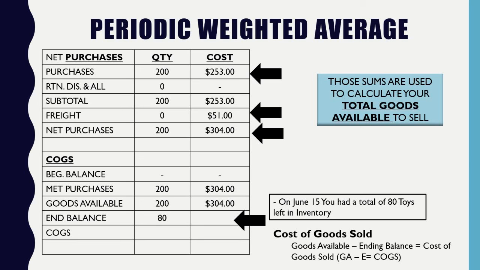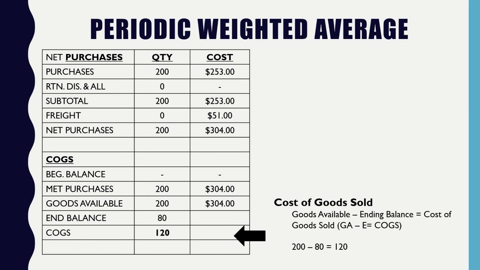We were also given that on June 15, you had 80 toys available. So in this case, if we had 80 toys available, our assumption here is that we must have sold 120 toys.